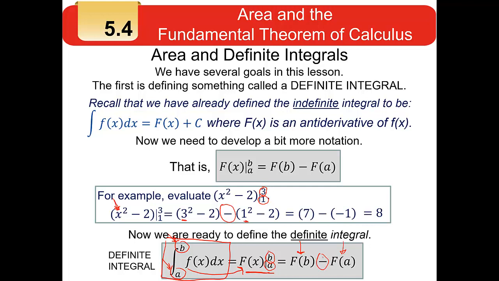So the definite integral takes the antiderivative just like the indefinite integral does, but instead of putting a plus c and saying that's the general antiderivative, we actually get a numerical answer by evaluating according to that formula that we learned a few minutes ago.